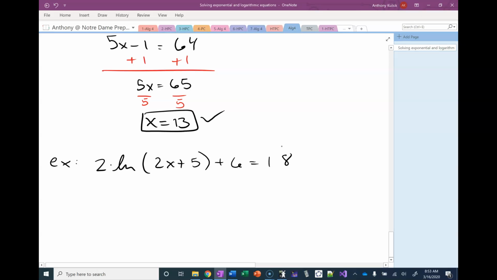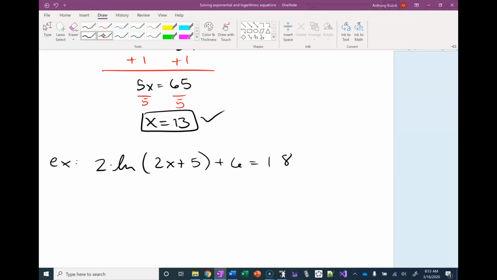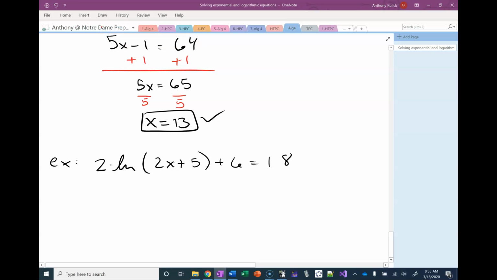Okay, so let's say we have 2 times the natural log of 2x plus 5 plus 6 equals 18.